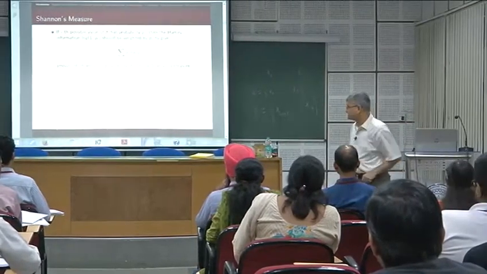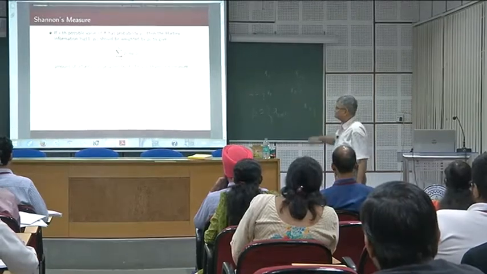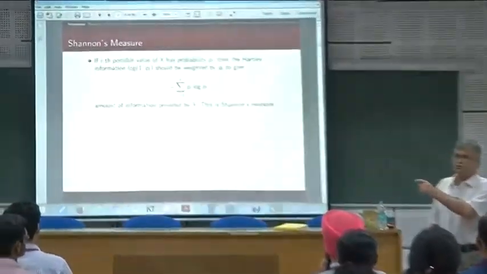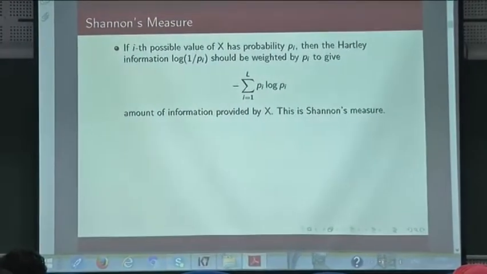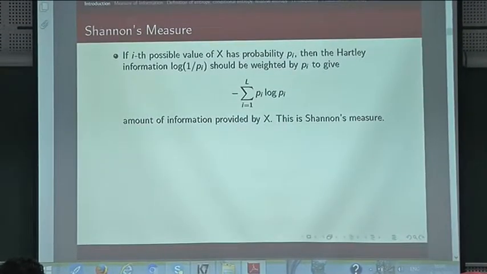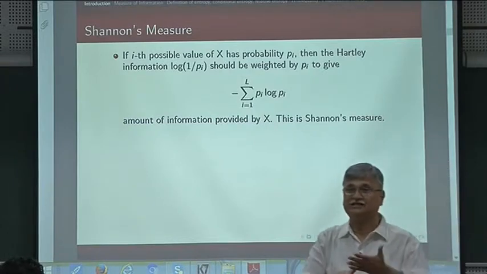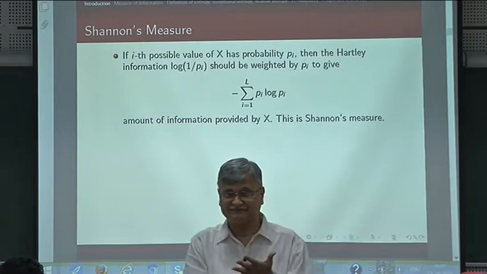The last property is that whatever measure of information is there, it should be a continuous function of probability. That means, if I plot it, then the mathematical function should be continuous. Again, we do not have time in this 1 hour here, but in this book it is shown that the only mathematical function that satisfies all these 4 axioms.